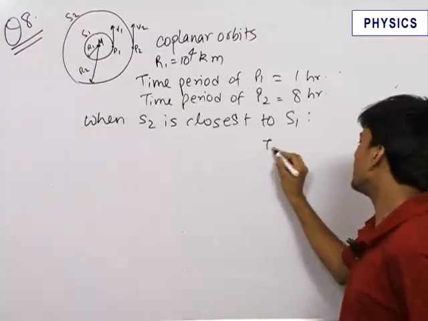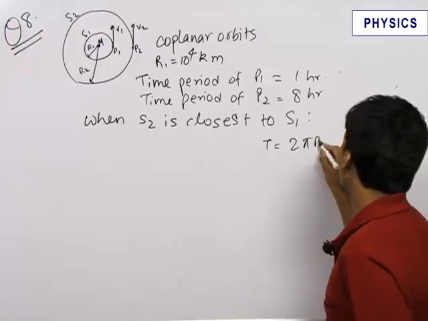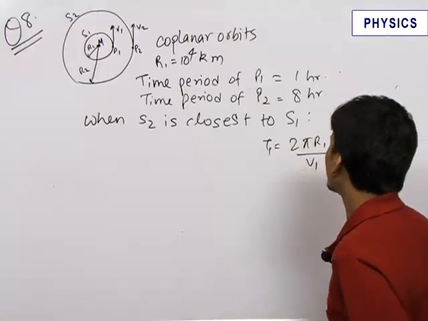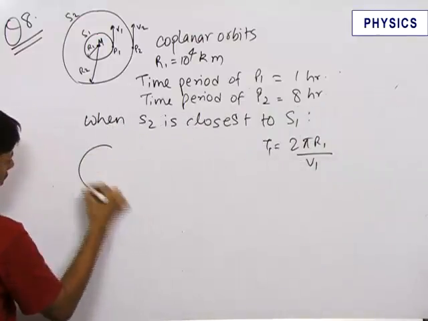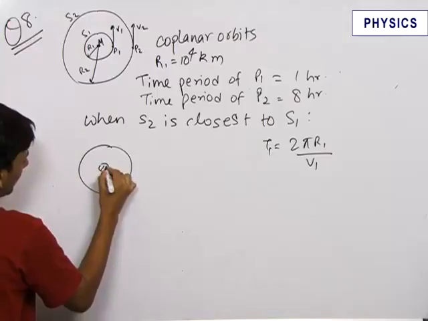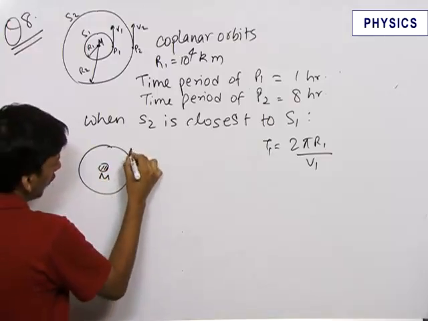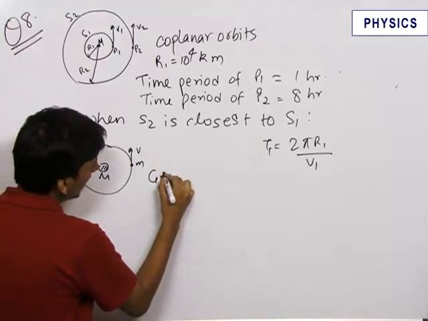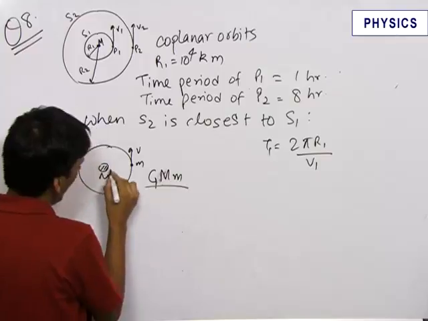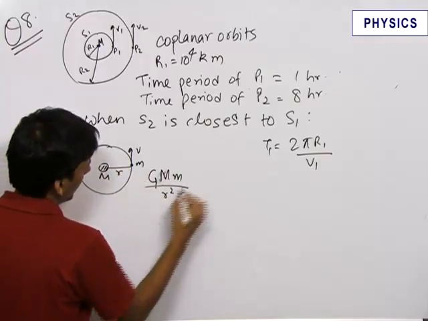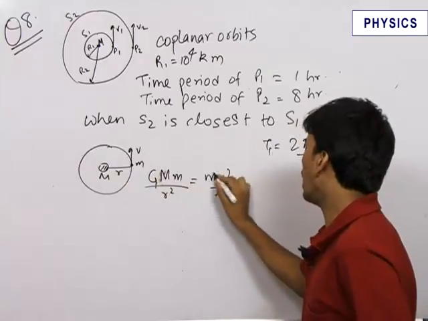We know that the time period is equal to 2 pi r1 upon v1. This is the time period for the first satellite. In general, time period is equal to 2 pi r upon v. Let us consider a planet of mass M and an object of mass m revolving around it with speed v. We can write GMm upon r square is equal to mv square upon r.